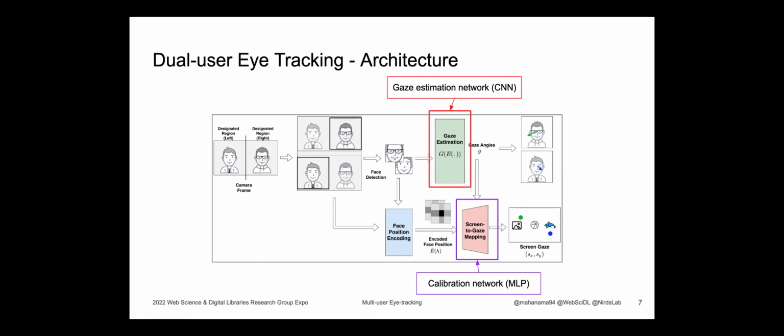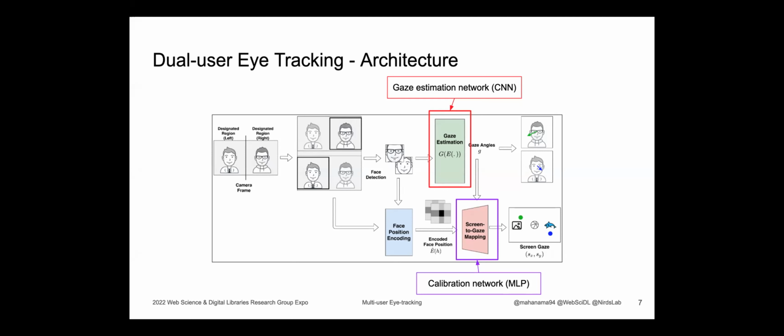We defined them as the left user and the right user. In each camera frame, we tried to identify the left user and right user using face detection. Once we detected the faces of these 2 users, we passed the facial images through a gaze estimation network, which is a convolutional neural network, to estimate the gaze angles.